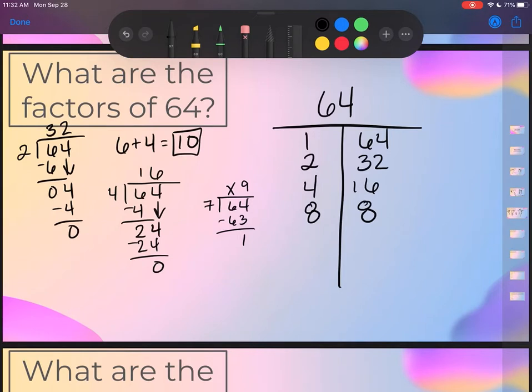When you run into the same number on the other side, that's how you know you've exhausted all of your factors. So my factors for 64 would be 1, 2, 4, 8. I don't have to write 8 twice because I just know 8 in itself is a factor. Then 16, 32, 64. Those are my factors of 64 when I exhausted all of my other options.